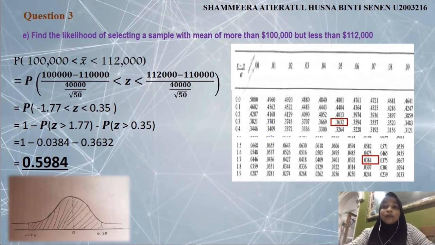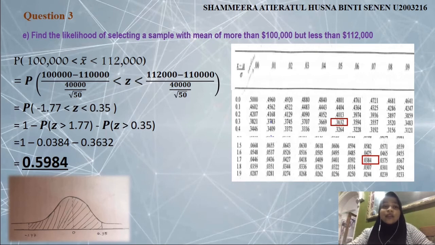We must remember that to use the normal distribution table, we have to make all the values positive and it must be greater than. So it will be 1 minus P(Z > 1.77) minus P(Z > 0.35).